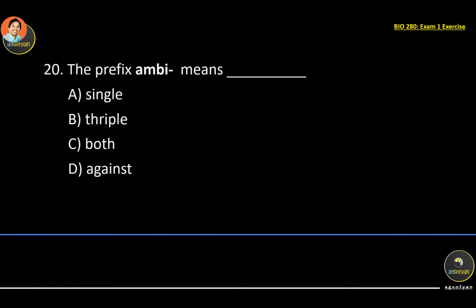What does that mean? So B over here, remember, it is telling you two, right? With this word it becomes both. Both sides, left or right. For example, amphi, both.